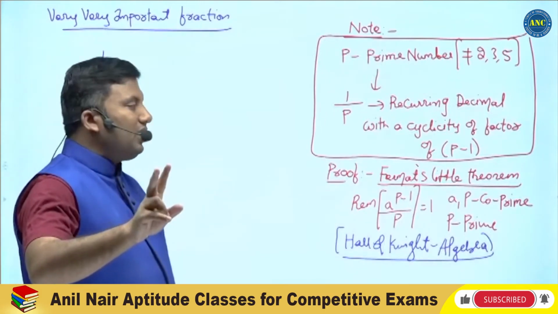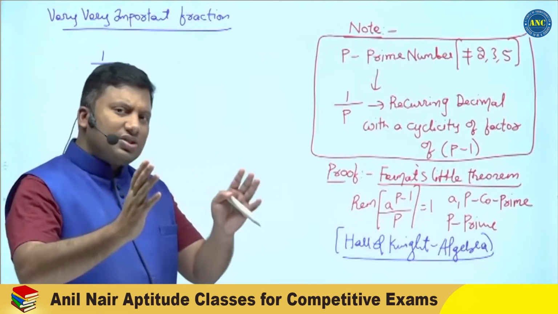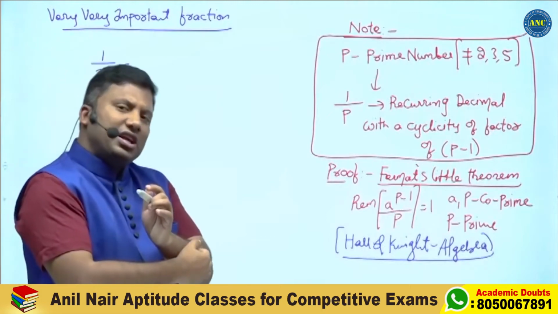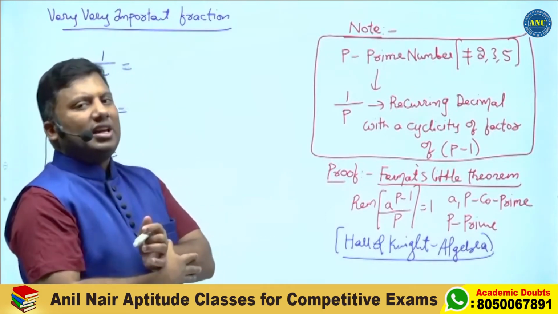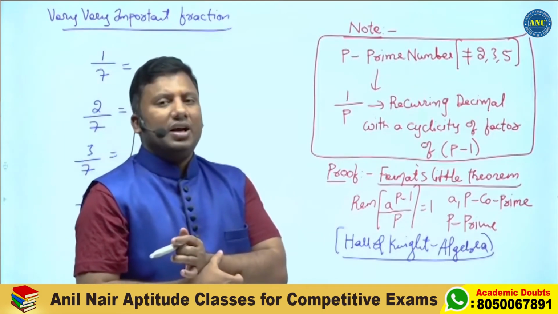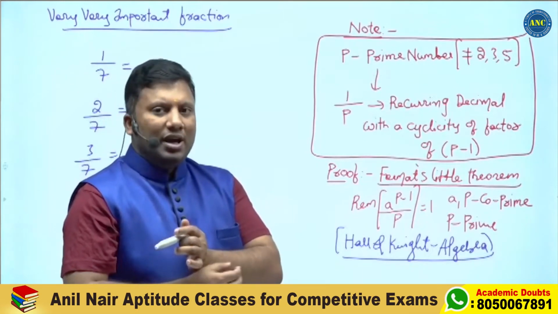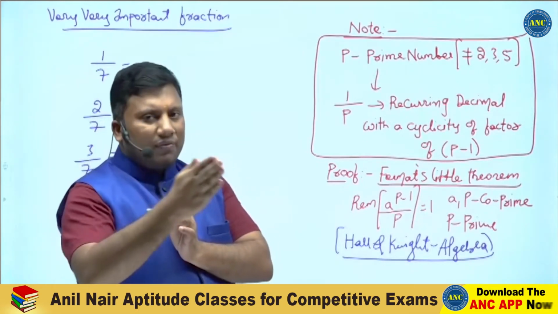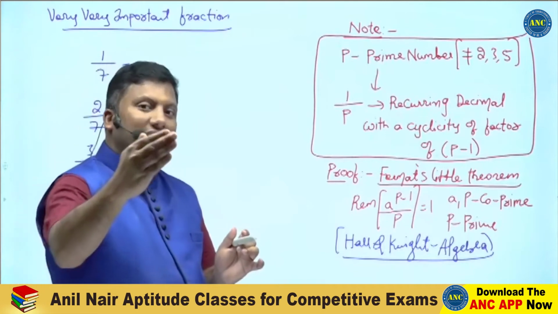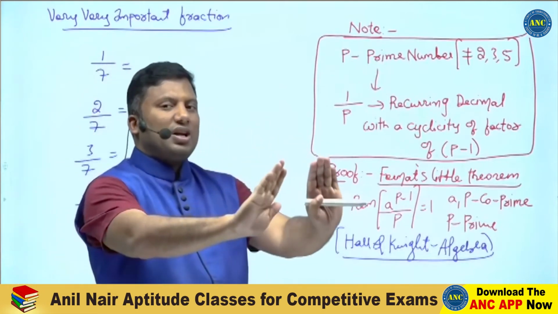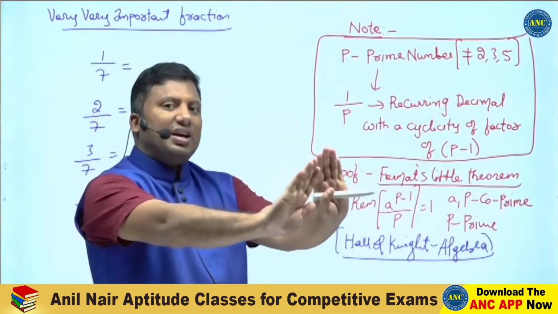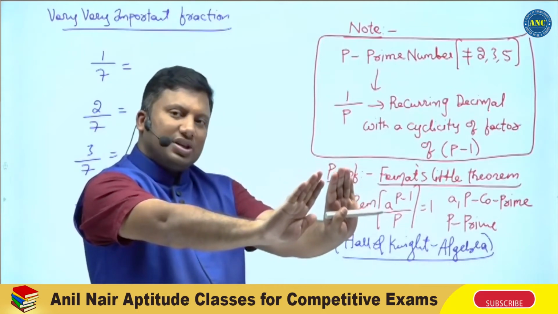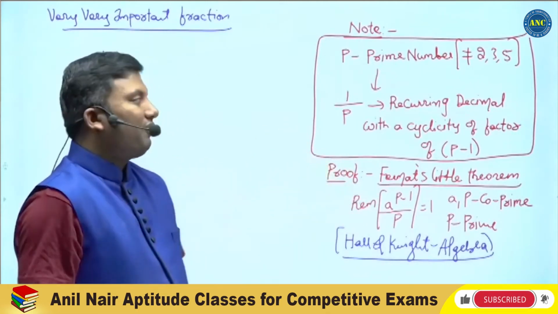If it is p1 power k, then the cyclicity will be p1 power k into 1 minus 1 by p1. If it is p1 into p2, then we will take the LCM. That is a special 2 hours class dedicated to recurring and terminating decimals, so I will park it for some time.